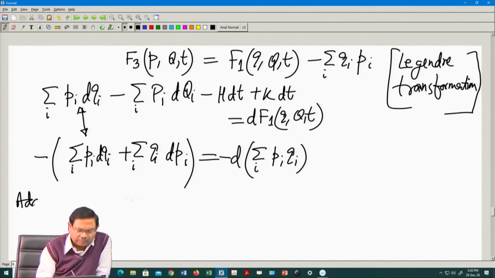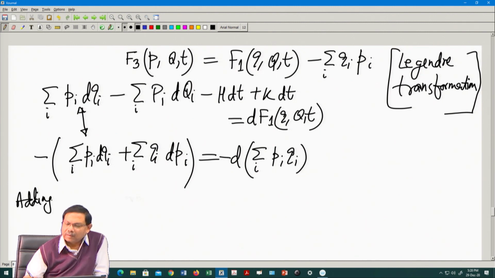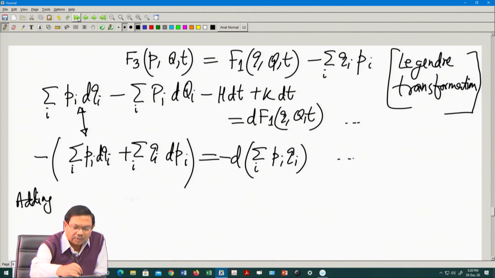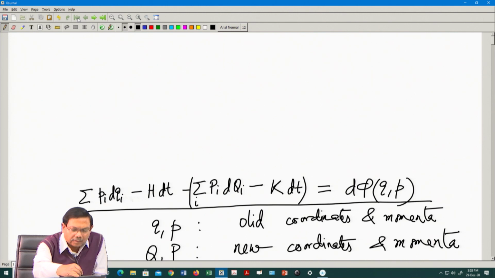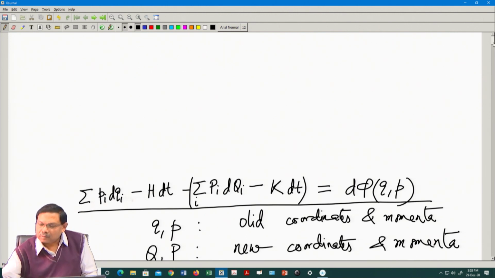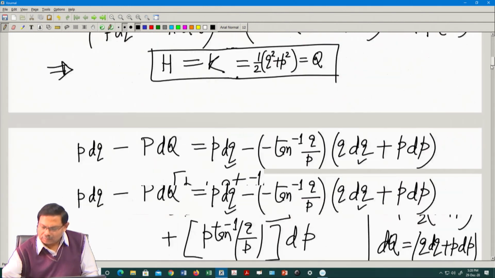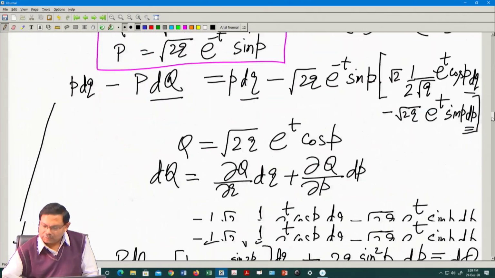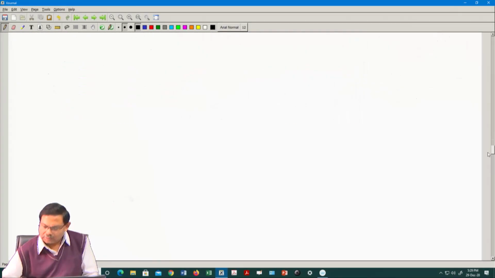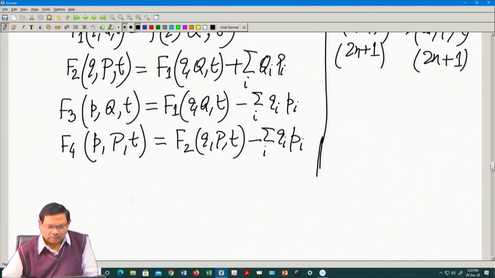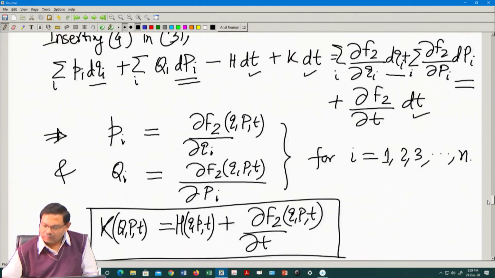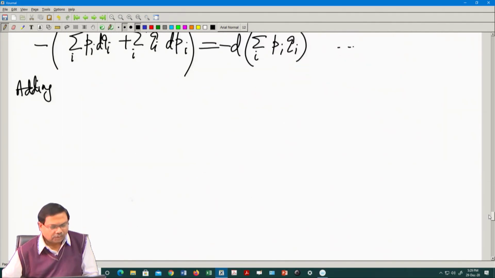So, adding. We had gone earlier up to equation 4. So, let us look at equation number 3, 4. Okay.